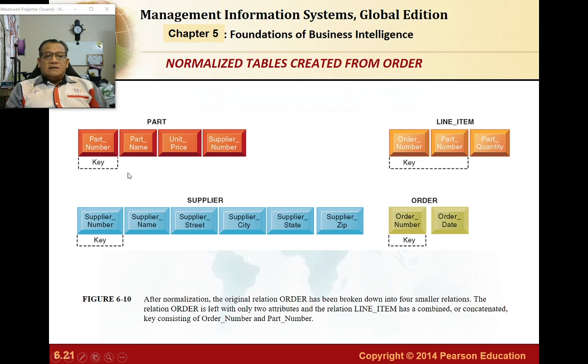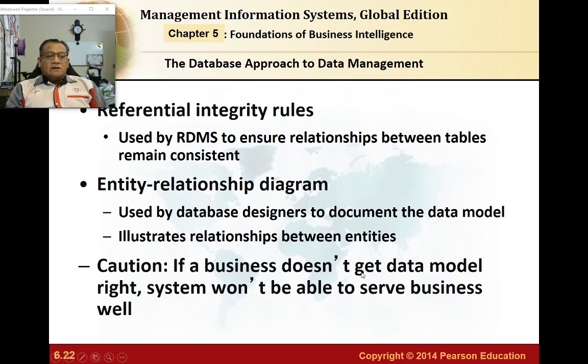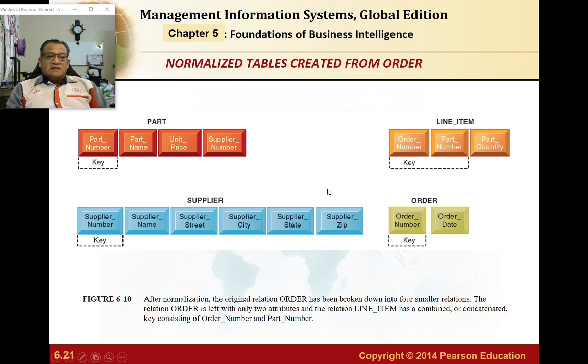So in this normalized form, there are four tables: part table, line item table, supplier, and order. This is what they call normalized: all part information is contained inside the part table, all line items are consolidated into the line item table, respectively with supplier and with order.